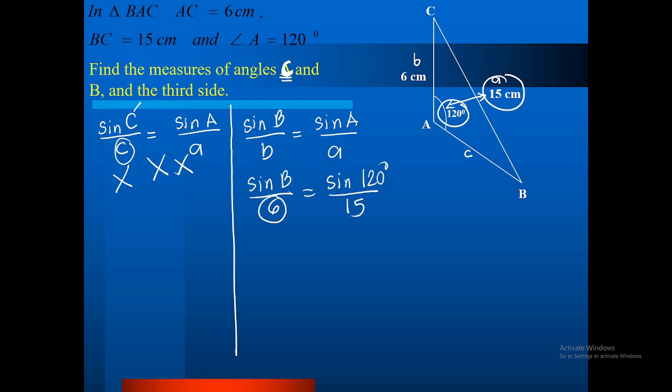That 6, let's just move it over there. That is now sine B is equal to 6 sine 120 divided by 15. How much is 6 sine 120 all over 15 in 6 decimal places? Please give me an answer in 6 decimal places.